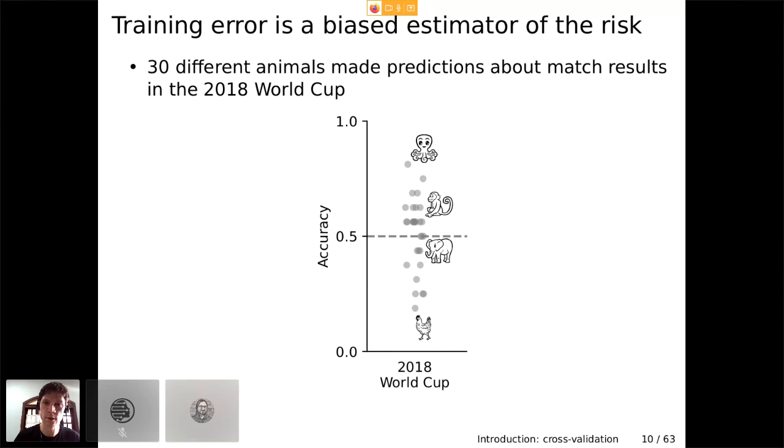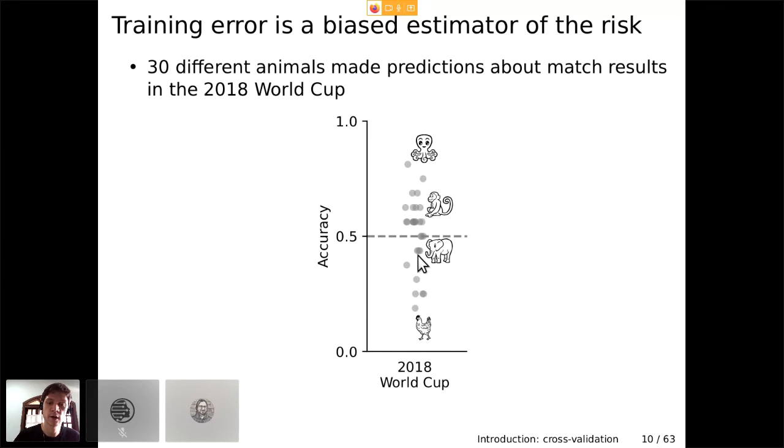If you look it up, you can find tons of videos about that. And suppose that we have had 30 different animals making these predictions like this for all 16 games of the knockout stage of the previous World Cup that happened in 2018.